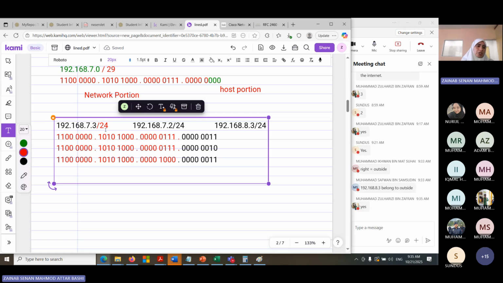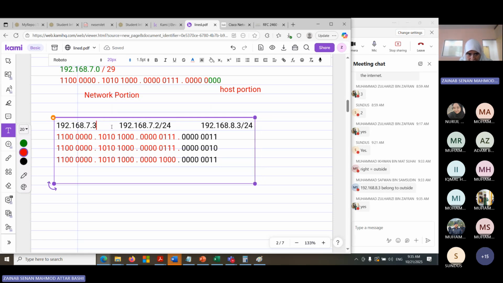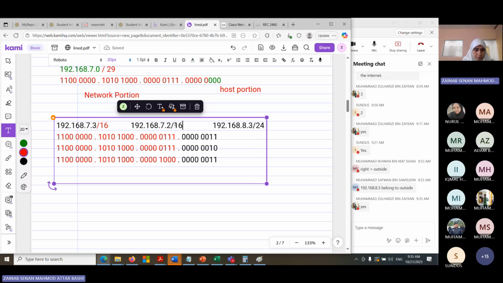Yes. Now let's change the subnet mask. I'll make the subnet mask /16. Will that change anything? Let's see /16. I will use the same coloring idea.